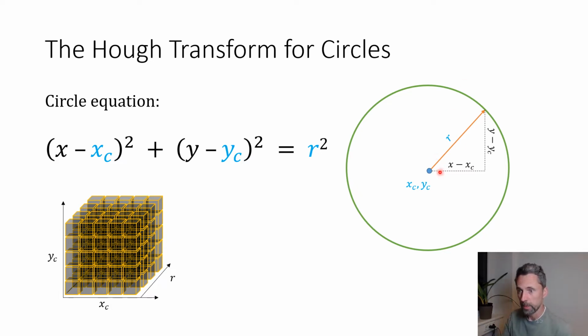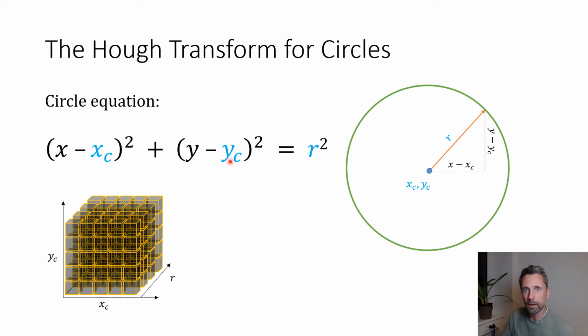Which would be r. And that's basically applying the Pythagorean theorem, which states that in this kind of triangle here, the x and y coordinates are the sides of this triangle. So if we square and sum these up, we get r, the hypotenuse squared. And that's exactly what this equation shows.